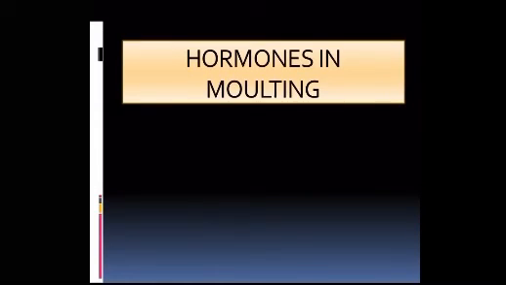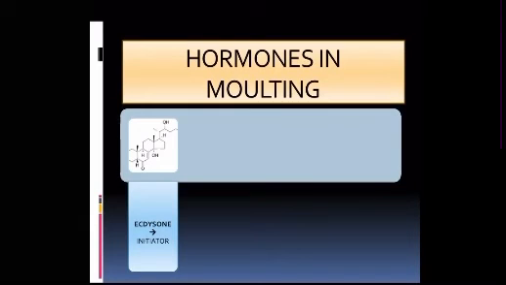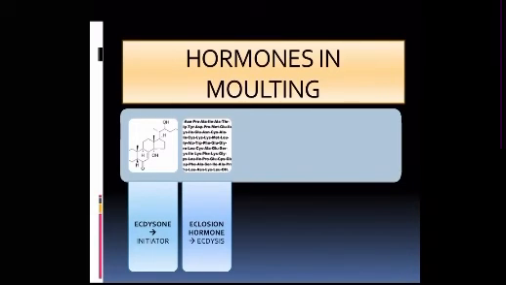Now let us see the hormones involved in molting, and their structures are as follows. First we have ecdysone, which is the initiator of molting, and it is a steroid hormone. Second is the eclosion hormone, which initiates ecdysis and is a peptide hormone composed of these amino acids.